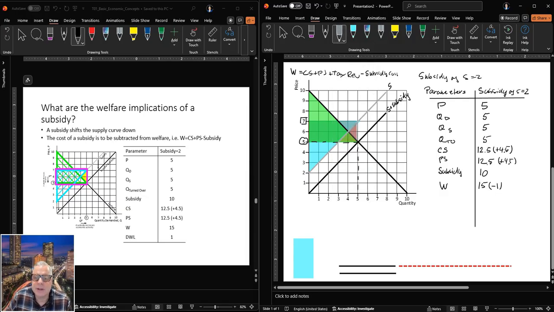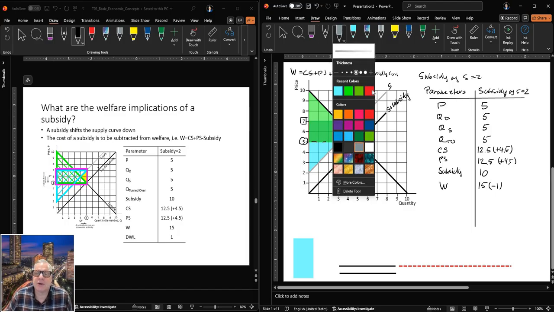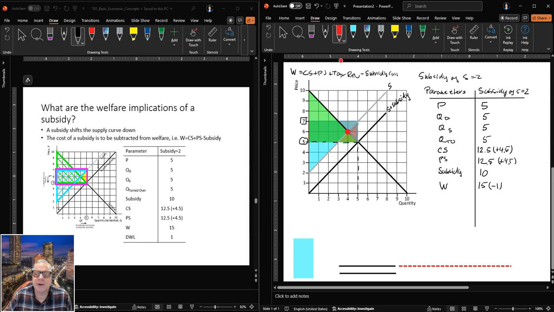So this deadweight loss here is inefficient overproduction because the market equilibrium was here. So now we produce too much.